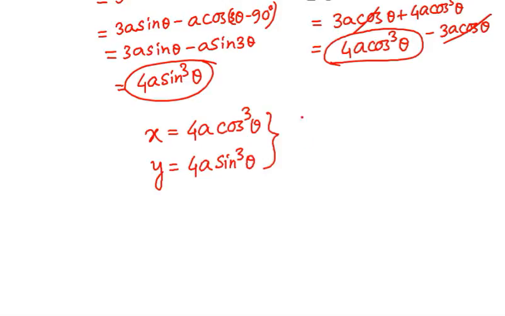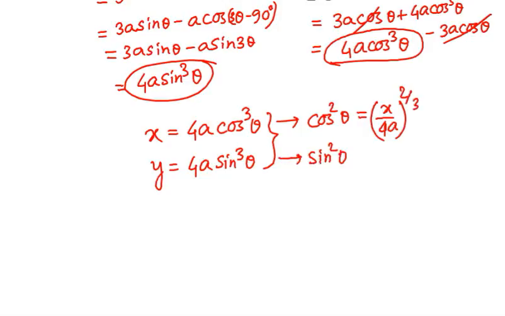So from these two we can safely say that the value of cos square theta will become equal to (x upon 4a) to the power 2 by 3, and from here the value of sine square theta will come out to be (y upon 4a) to the power 2 by 3.